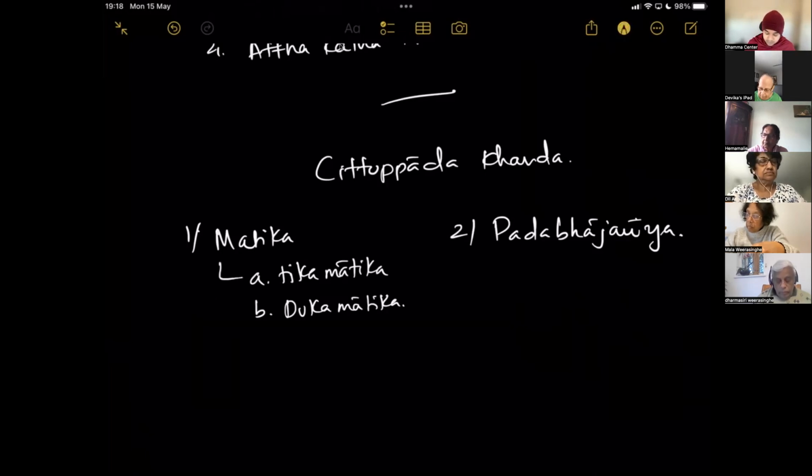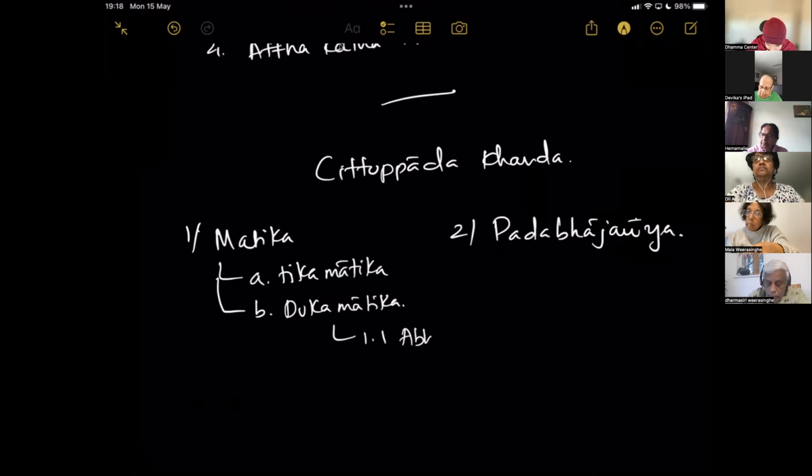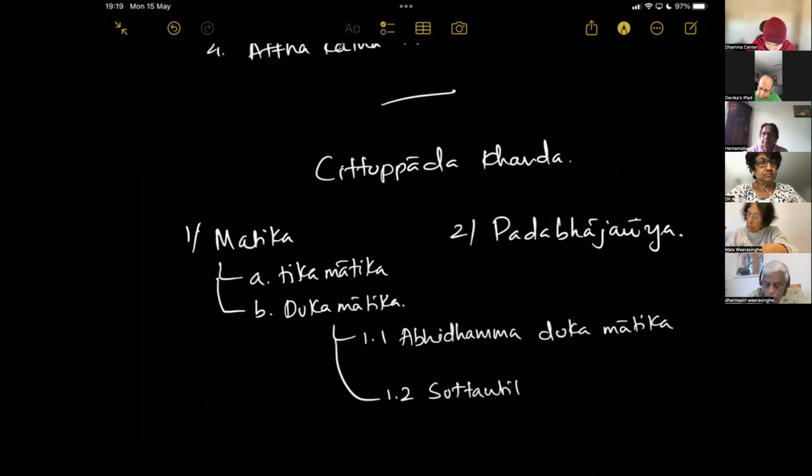These are breakdowns, or the Matika is divided into two: Thikamatika or Dukamatika. The Dukamatika is further divided into two: one, Abhidhamma Dukamatika, and two, Suttantika Dukamatika. Okay.